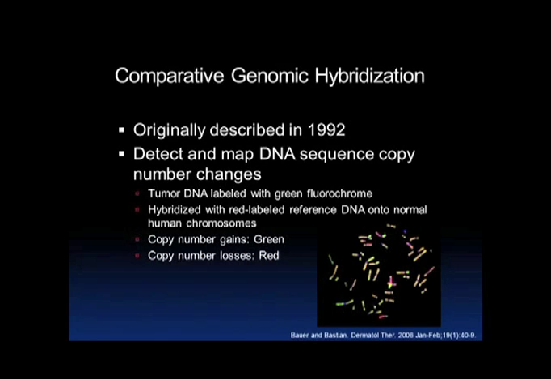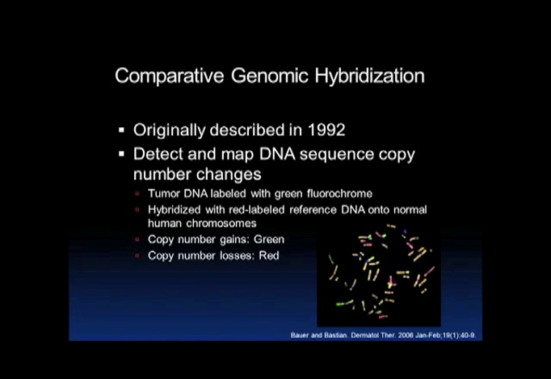Now, historically, CGH was originally described in 1992, and it's basically a method to detect and map DNA sequence copy number changes, and the principle is pretty straightforward. So you take tumor DNA and you label that in one particular color. Then you take a reference DNA, label that with a different color, and then hybridize that to a normal human chromosome.